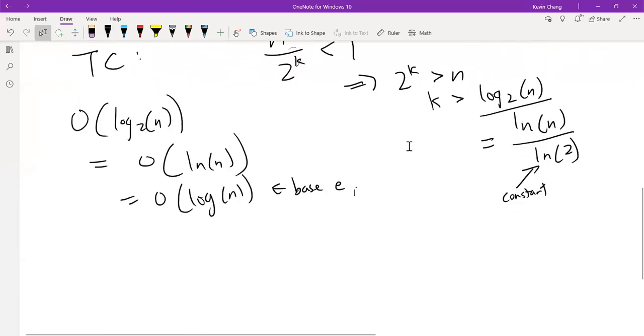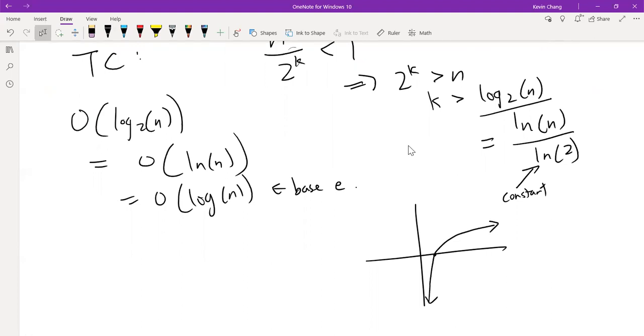And so that's the speed. If you know anything about logs, the graph of a logarithmic function looks something like this, and a linear graph looks like this. As we increase n, the input size, you see that a logarithmic curve grows far slower than a linear curve.